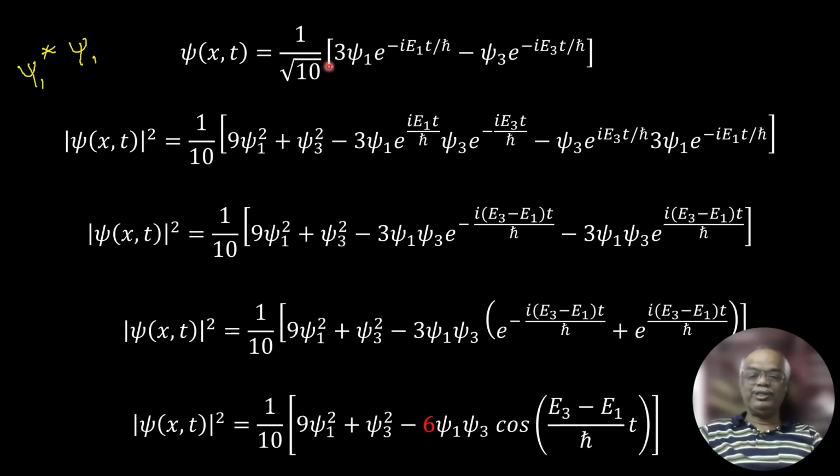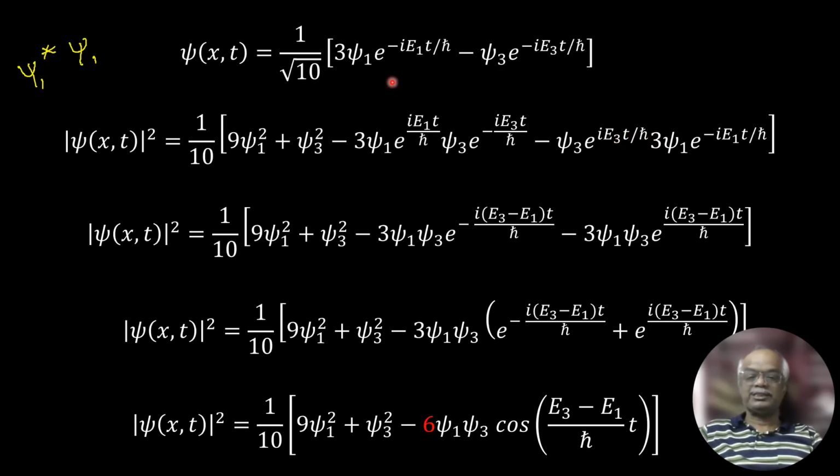Second one. Now you take the cross term, that is psi 1 psi 3. So you will get 3 times psi 1, this psi 1 star, because we are taking psi 1 star, that is psi 1 into, if you take the complex conjugate of this one, you will get plus. Then psi 3. Psi 3 is equal to psi 3 e power minus i E3 t over h cross. Same thing applies here. Psi 3 star is equal to e power plus i E3 t over h cross.